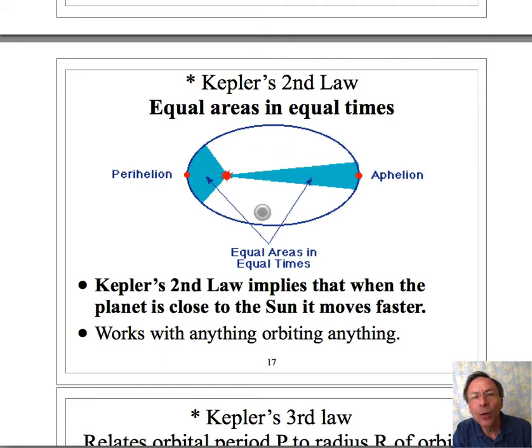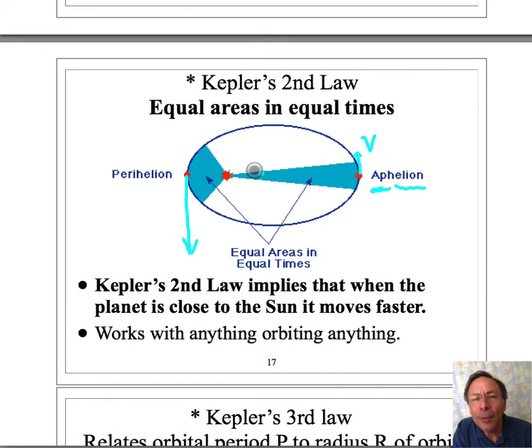So here it's drawn for a planet. Helios means sun. So when the planet is at aphelion, in other words, away, A for away, from the sun, the planet's velocity vector is small. But when the planet is close to the sun, at perihelion, the planet's velocity is big.